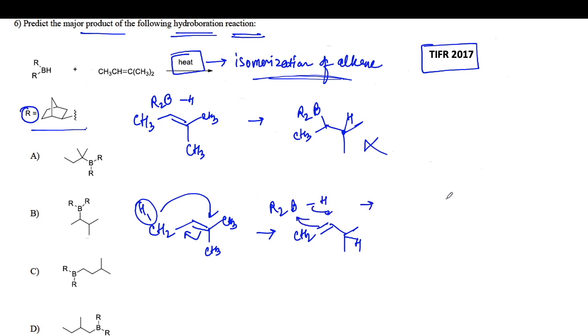So CH2 BR2. This is what you can get. Option number C is your correct answer. Hydroboration does not require heat, and when there is heat and a bulky molecule like this, then you are going to think of isomerization of alkene. This is your correct answer. Okay, not option number B or any other option.